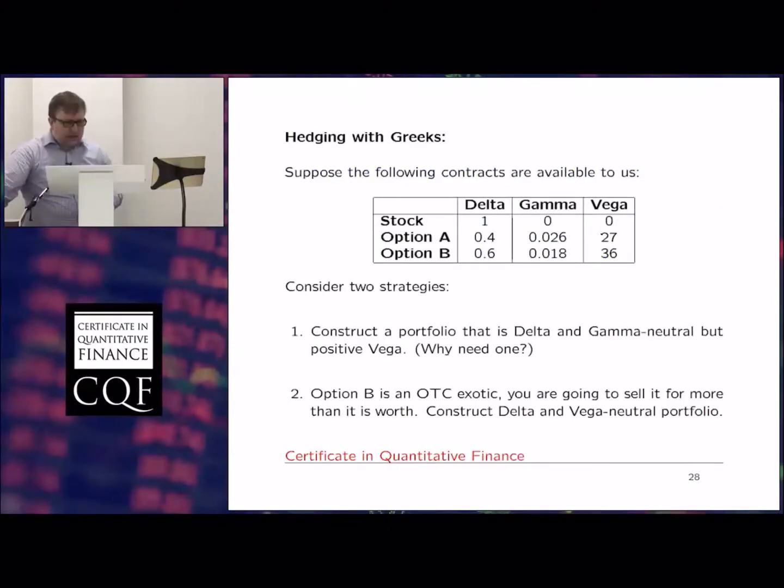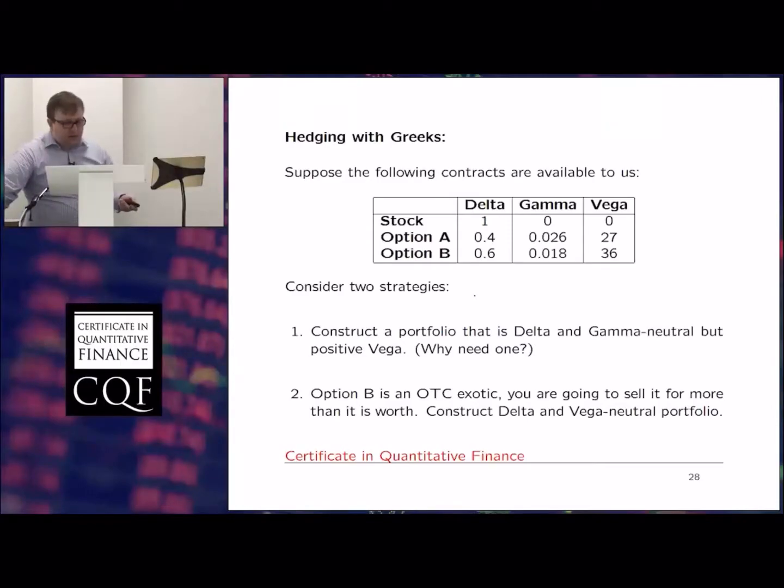And then, quick example. I'm not going to stop, but essentially what this example tells you is that if you have several options, you can add up the deltas arithmetically and the gammas arithmetically.